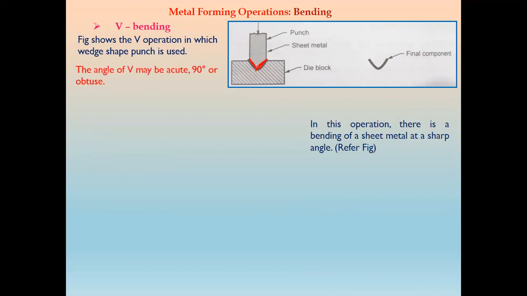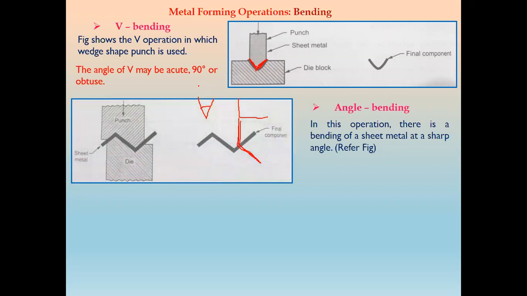The angle of the V may be an acute angle, that is less than 90, it may be equal to 90, or it may be an obtuse angle, that is more than 90. So this is called V bending.